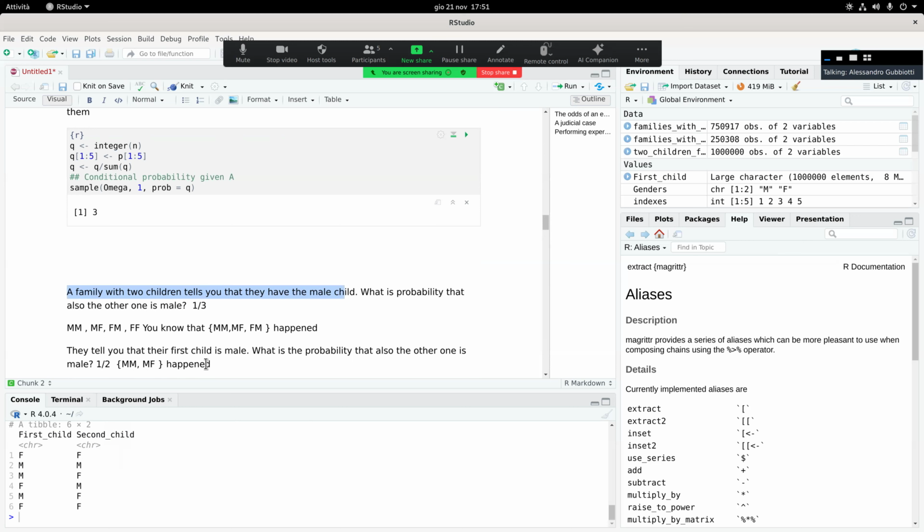It's better. I want to check the results of the exercise.